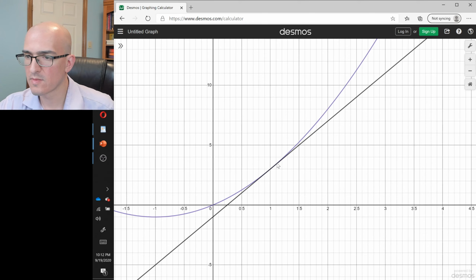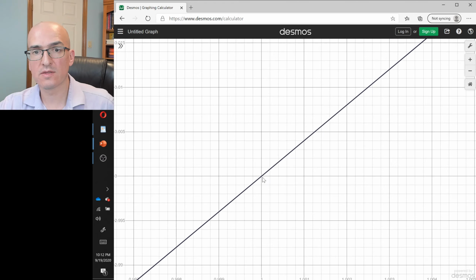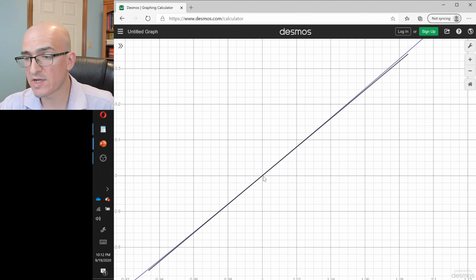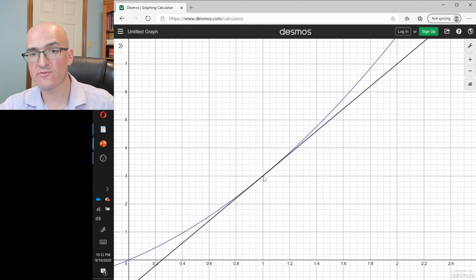If we zoom in close enough, you can't distinguish between the line and the curve. The tangent line and the curve are completely overlapping, which again is the goal. And that equation of the tangent line is different at every x-coordinate. That's why we had to update the graph when we moved from x equals 5 to x equals 1.